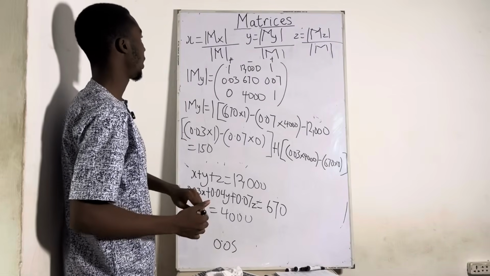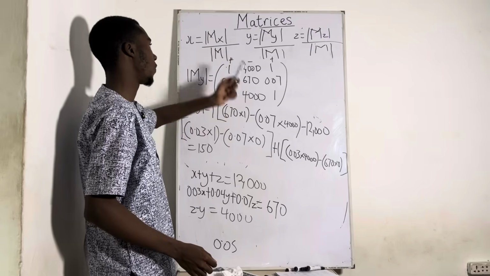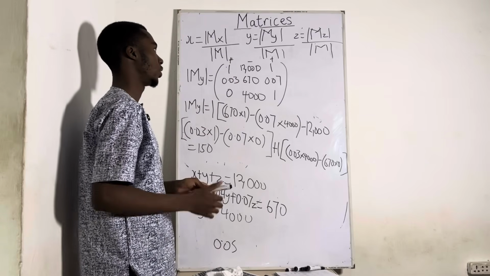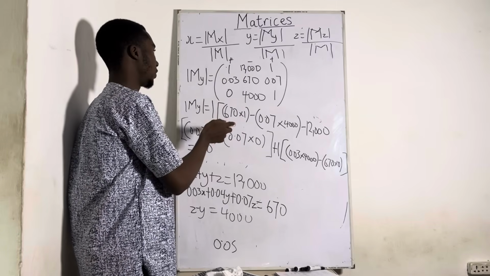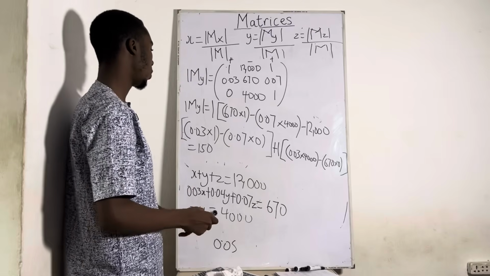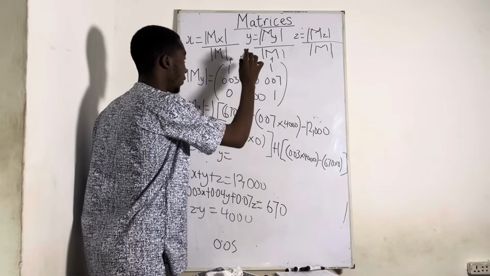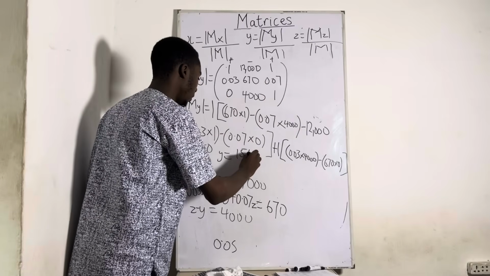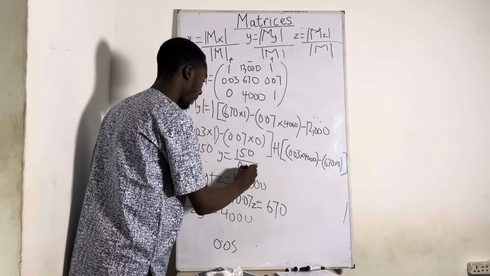Do you get it? But you want to find y, and the formula for y is the determinant of My over the determinant of M. You get it? So now our determinant of My is 150, over the determinant of M, which is our 0.05.